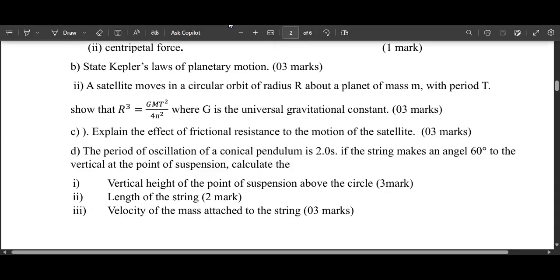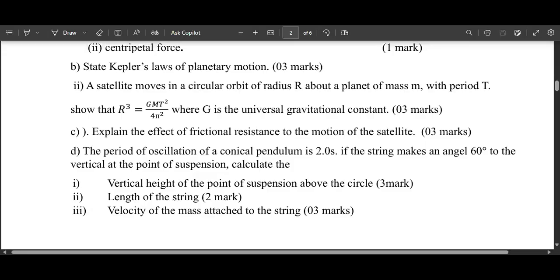Now for this part, we shall begin by remembering Newton's gravitational law, which states that F is equal to G, mass of one body times mass of the body that is moving around, divided by r squared. It is this force that provides the necessary centripetal force that puts this body into motion.